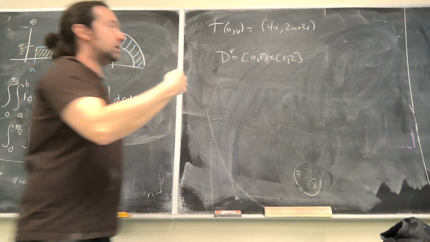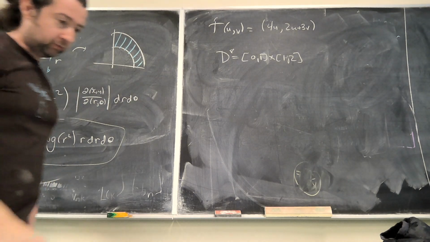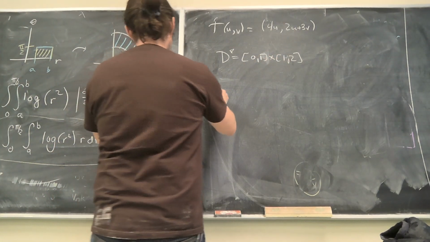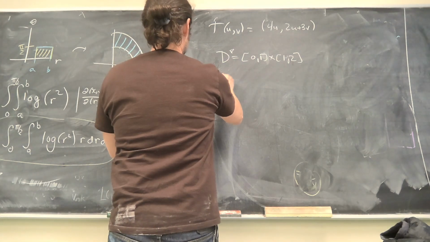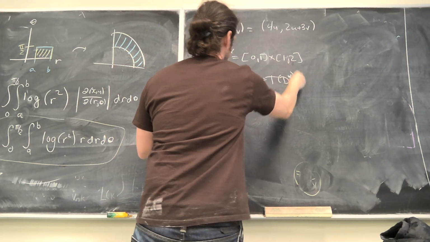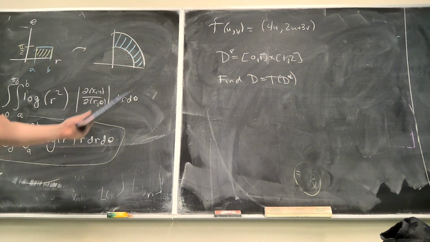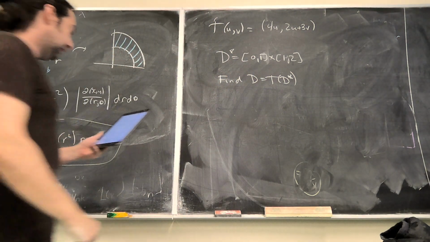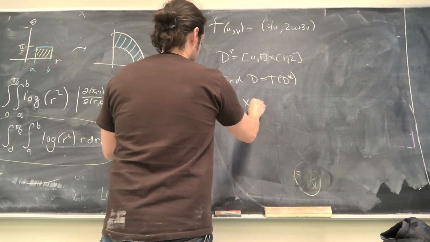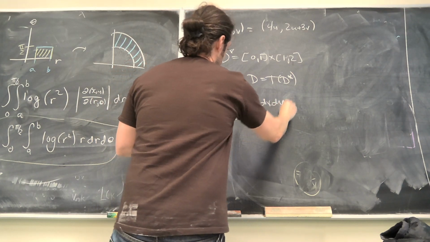So that's the input rectangle. And the question asks the following. It wants you to find D equal to T of D star, the image of that rectangle under this linear transformation. And then let's evaluate the double integral over D of xy dx dy.